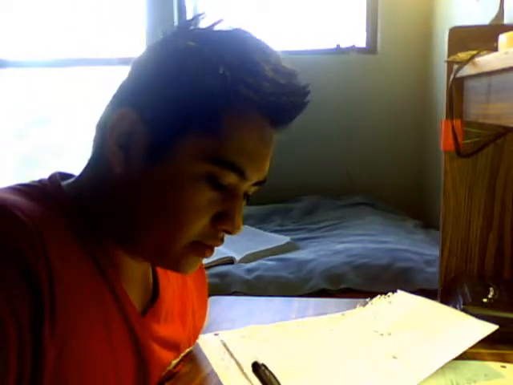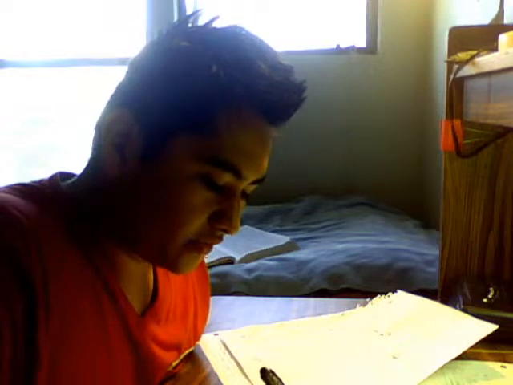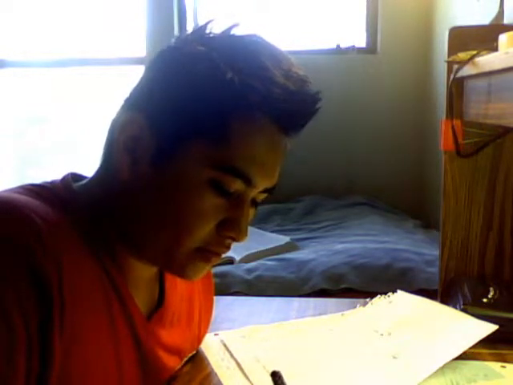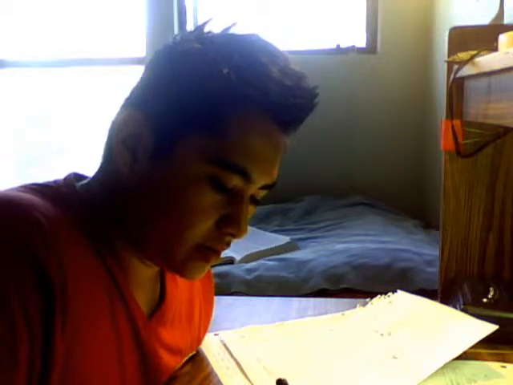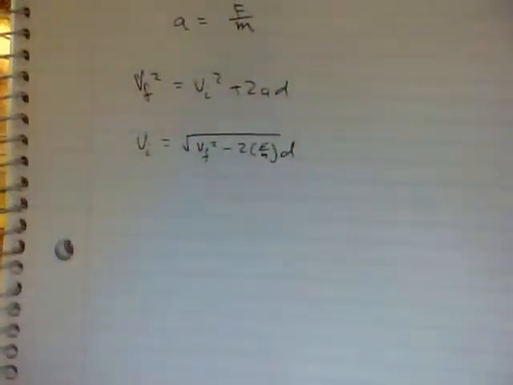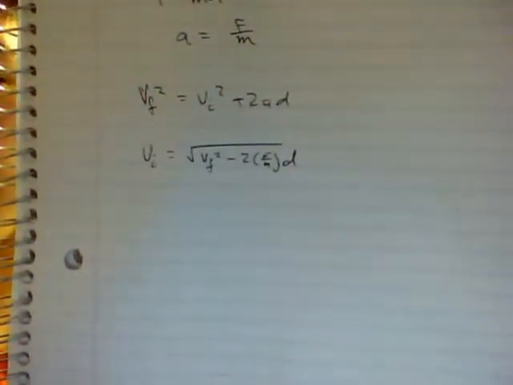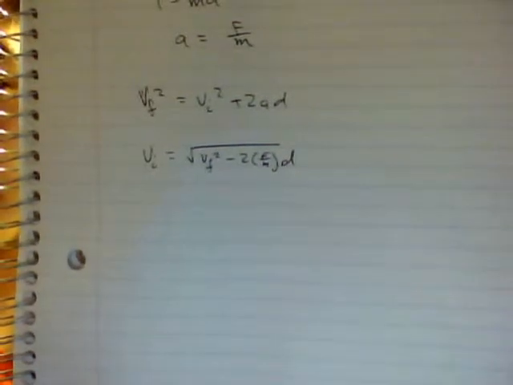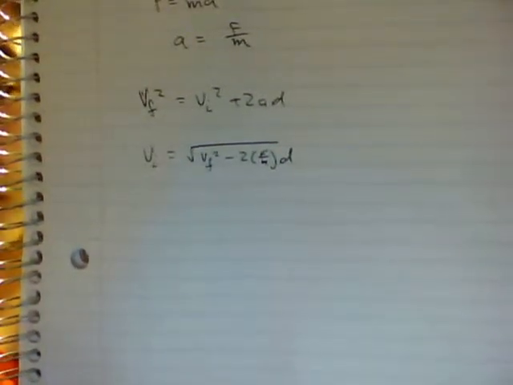You know that you're solving for your v initial, so your v initial would be the square root of Vf squared minus 2a times the displacement. Then just plug in all your numbers and that should get you your answer.